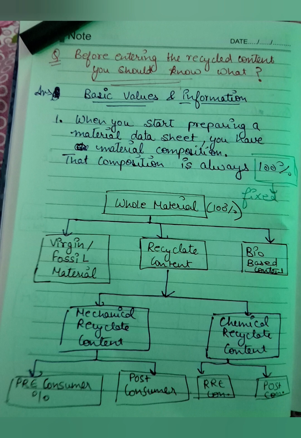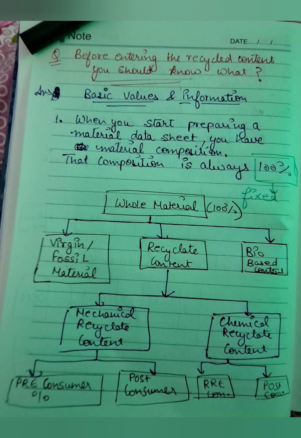Everything branches down from there. The whole material splits into virgin/fossil material, that is fresh raw material from nature, recyclate content, that is material from waste, reused, and bio-based content, material from biological sources. These three must cover everything.